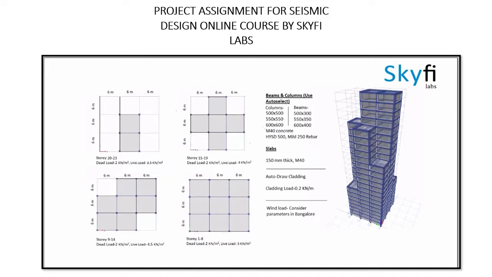So now when we are designing the building for a seismic load, we don't have to consider the parameters for the wind load. We'll be considering seismic load itself. And as and when the video moves forward, I'll be telling you about the different factors which we'll be considering.